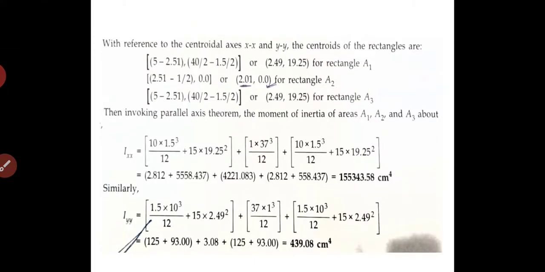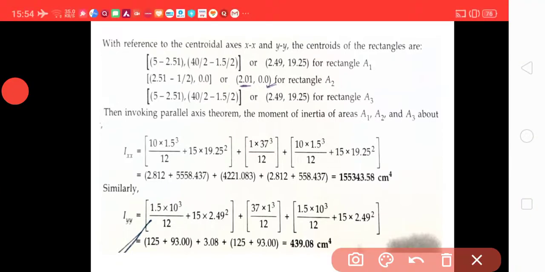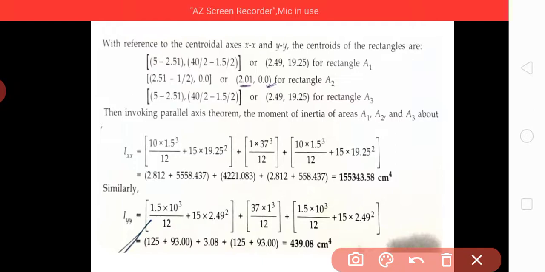So here is the 2.01 and 0 for A2, this 2.49 and 19.25 for A1, same is 2.49 and 19.25 for the A3.